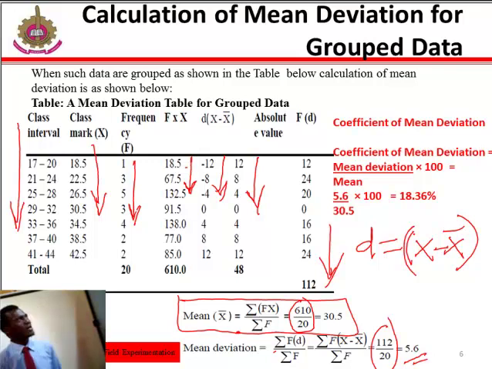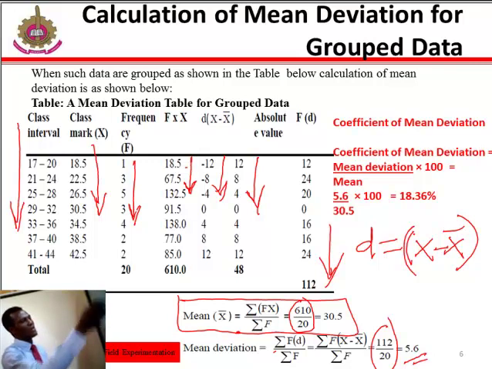Lest I forget, there is need for us to take cognizance of the coefficient of the mean deviation, and this is often referred to as the relative dispersion. It is often expressed as a percentage, and the formula for this purpose will be the mean deviation divided by the mean value multiplied by 100.